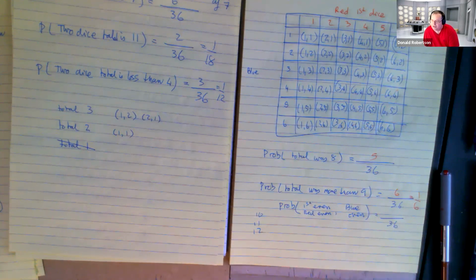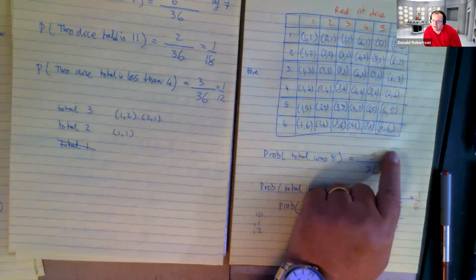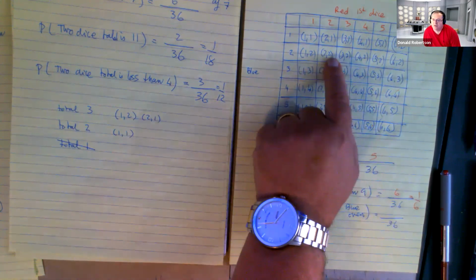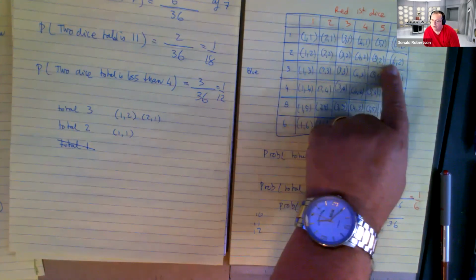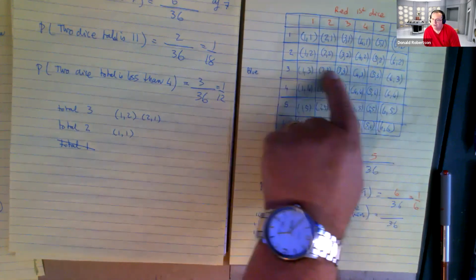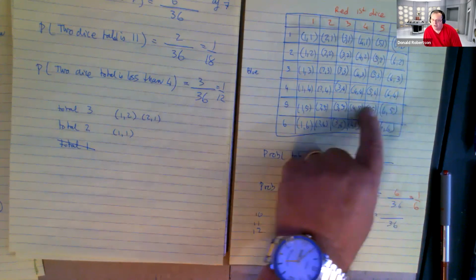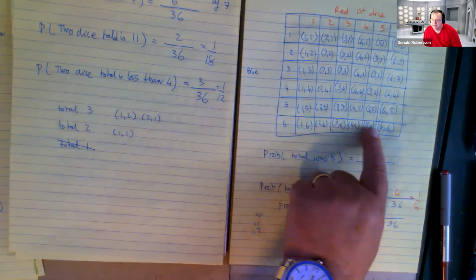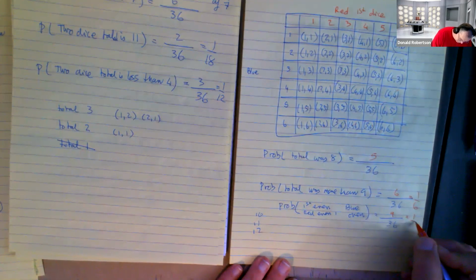That would be an easier way to say it, right? Both of them are even. So when you just hunt through these and find only the things that are even, great. So would you agree that's both of them even? So that's 1, 2, 3. Nobody there counts because one of them's odd, right? So I've only got 3, 4, 5, 6. None of these count. 7, 8, 9. And so I get 9 out of 36, which is a quarter.